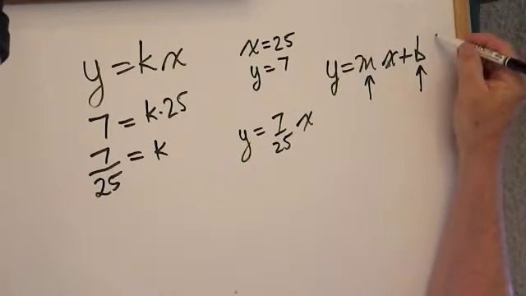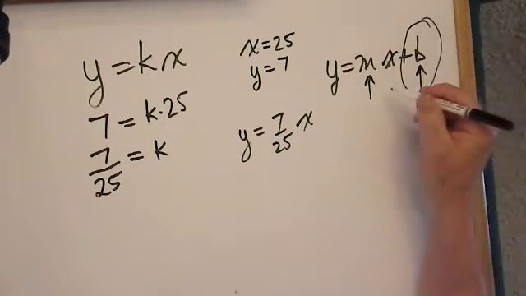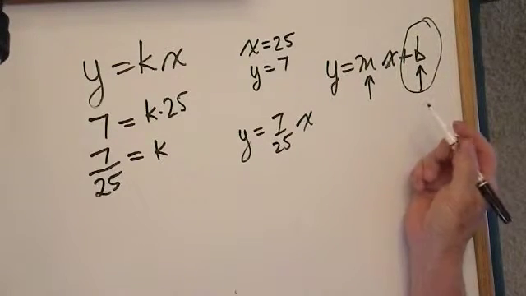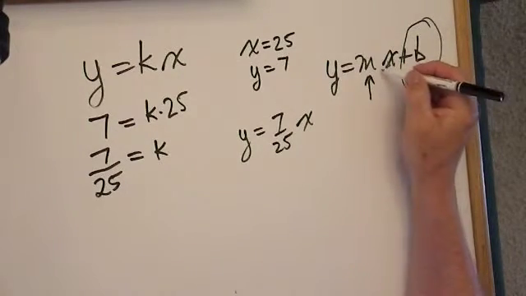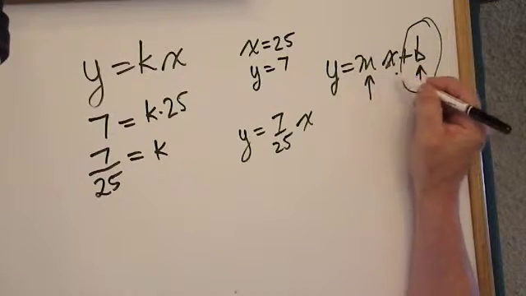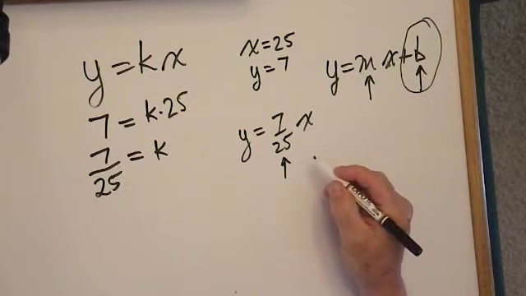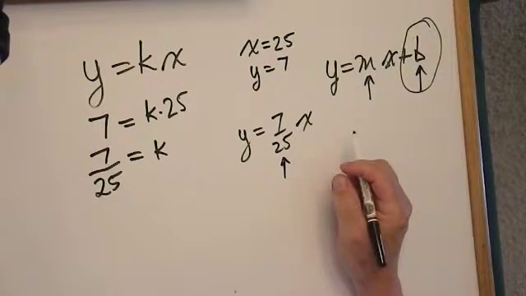In this case, there's no intercept part, but that's a simplified version of the slope-intercept equation, and the constant in front of the x is the slope. So the slope in this case would have been 7/25.